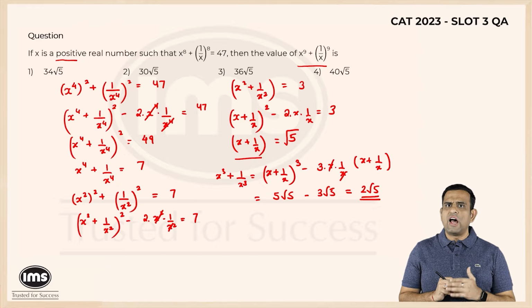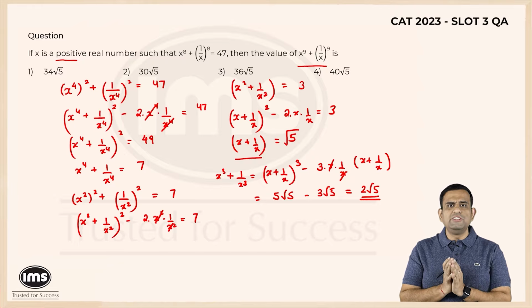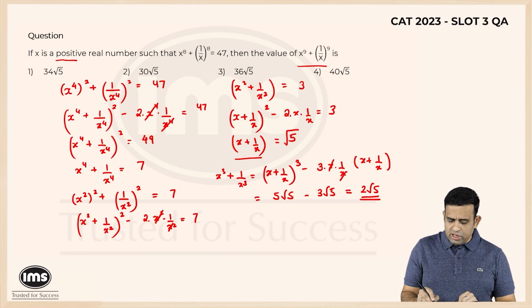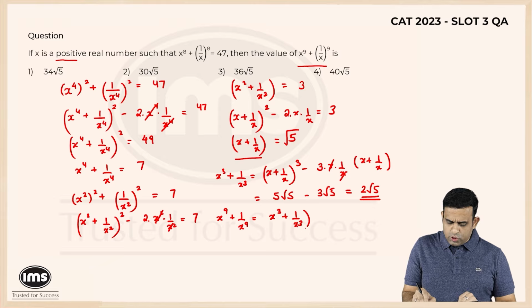So once we got the value of x³ + 1/x³ as 2 root 5, it will be easier for us to again apply the same formula. So x⁹ + 1/x⁹ is equal to (x³ + 1/x³)³ minus 3 into x³ into 1/x³ into (x³ + 1/x³).